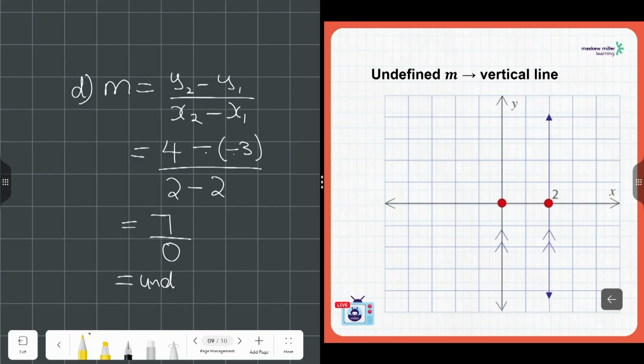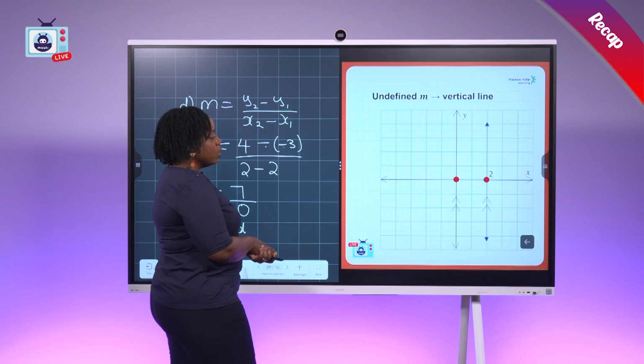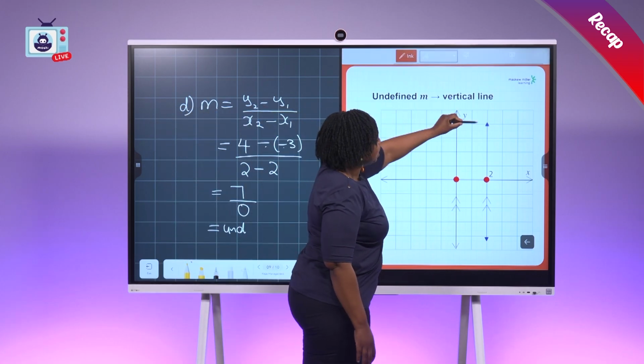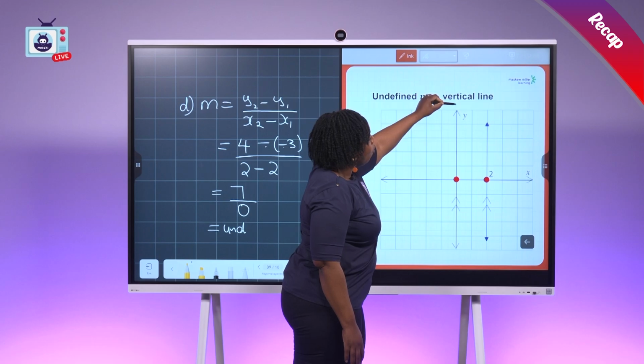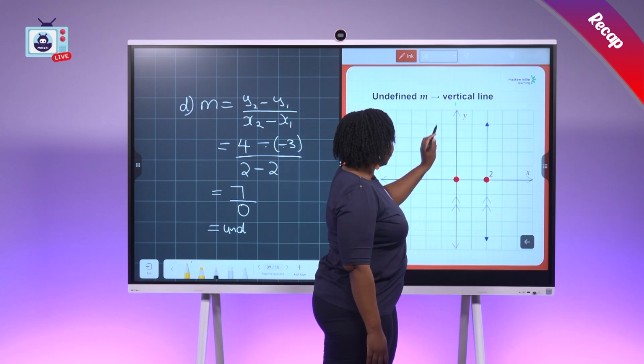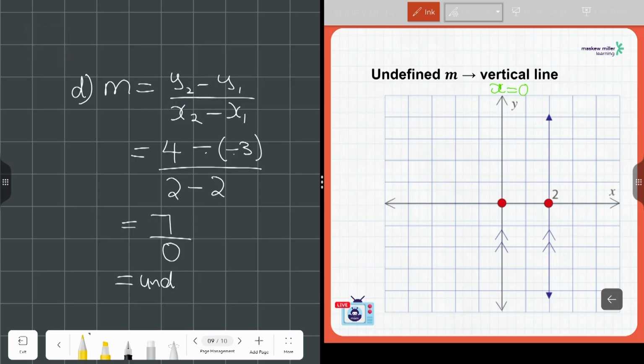Our other part is where the gradient is undefined, where you cannot define the gradient. You can see that that is where you have a vertical line that is parallel to our y-axis. And our y-axis, we literally call it the x equals 0 line, which means that the line that is parallel to it is called x equals whatever number.